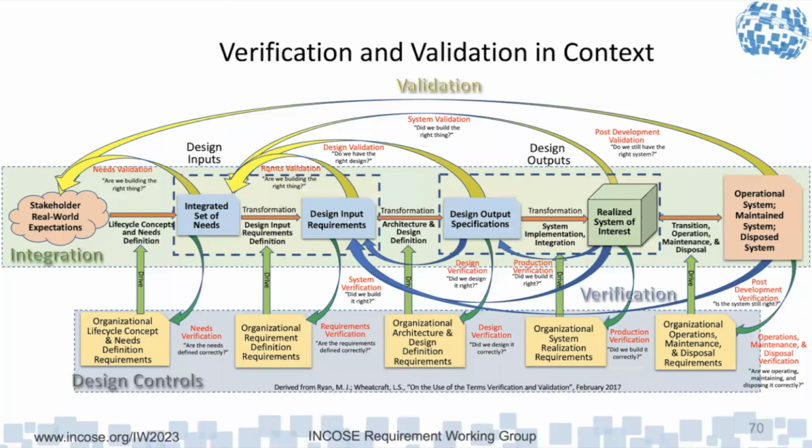Right. That comes in after you realize the system. It's not too late. That's where you've done your instructions for use based on what was built. But if your maintenance and disposal requirements drive changes, you now have them after the realized system of interest. So you're thinking serially; again, think concurrently. You're right.